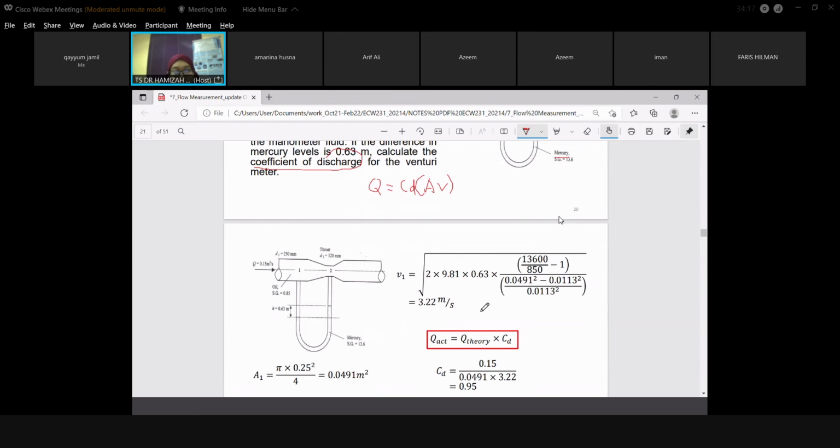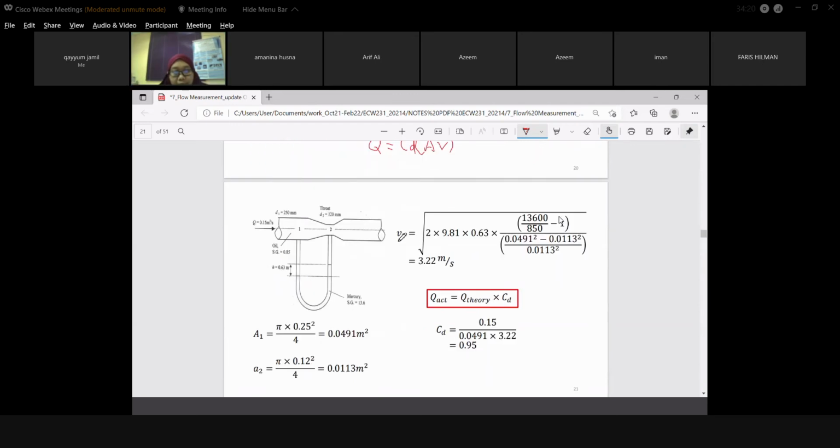Okay, so we can use the formula directly to find the V. Substitute all the values. 2 times 9.81, H is 0.63, and then this is the density for mercury, density for oil, area for pipe, area for throat. Okay, we calculate the area using the formula of a circle, pi d square over 4 or pi r square.